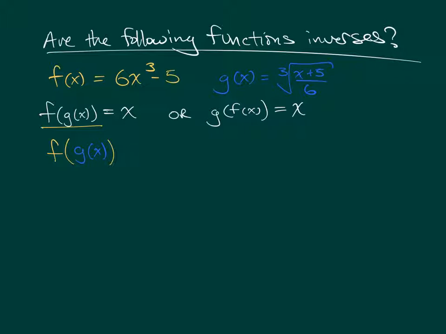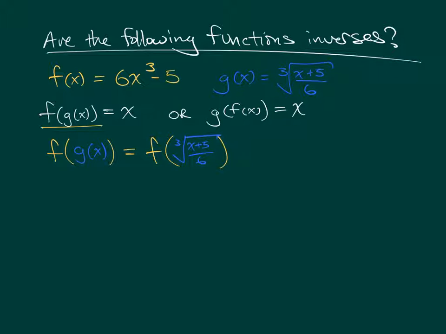So in order to see what to input for f, we can look over here at g of x. So instead of g of x, I'm going to write this. This over here will be the input for our function f. So this is going to look something like this: f of the cube root of x plus 5 over 6.